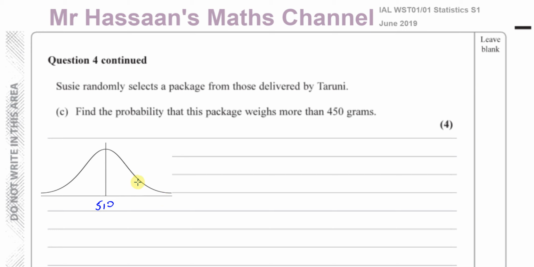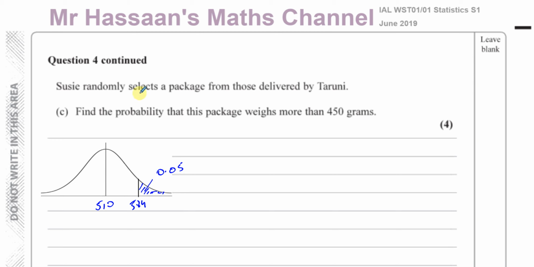Rav delivers the heaviest 5% of the packages, so that's from 584 onwards. That's an area of 0.05. That's the percentage that Rav delivers, 5% of the packages, which is the heaviest 5%.